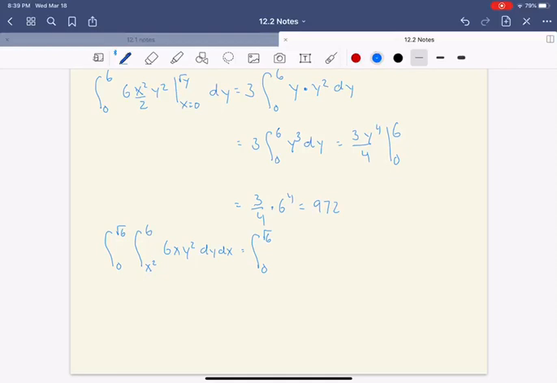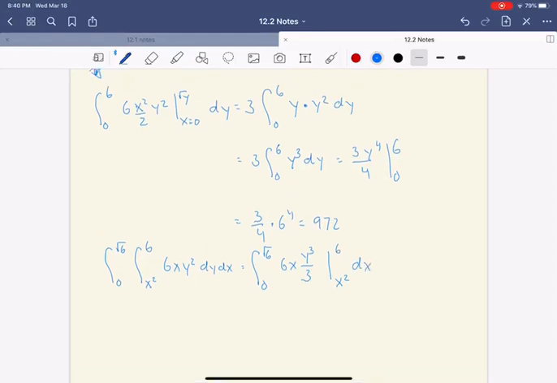Now here, we're going to do the integral in y first. Okay, so doing the integral in y first, we're going to get 6x y cubed over 3. Y goes from x squared to 6. We're going to do dx.